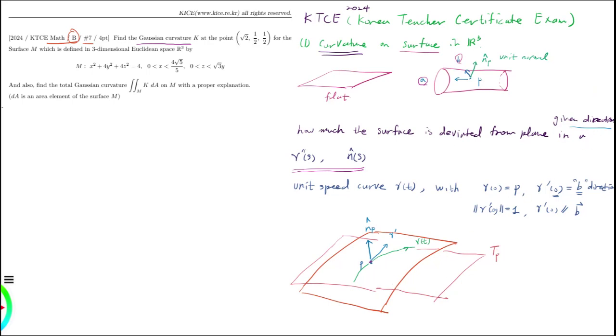Let me say this is a surface M, and this will be a tangent plane at point P on the surface M here.